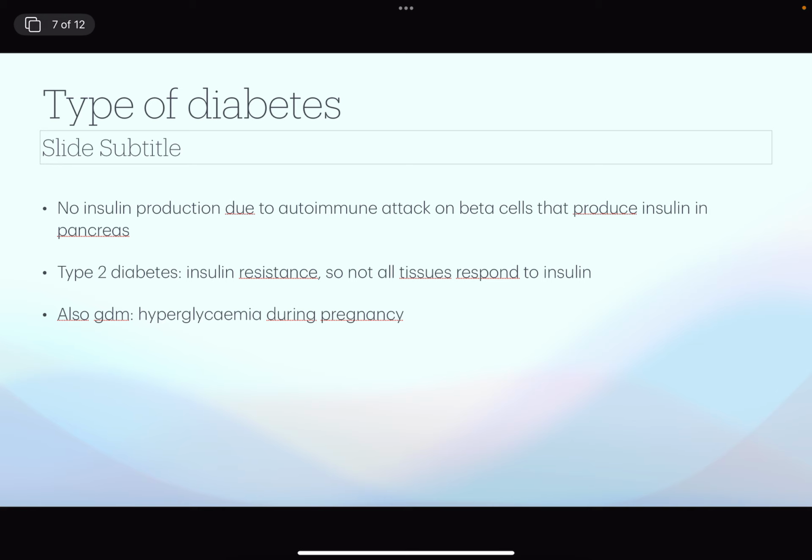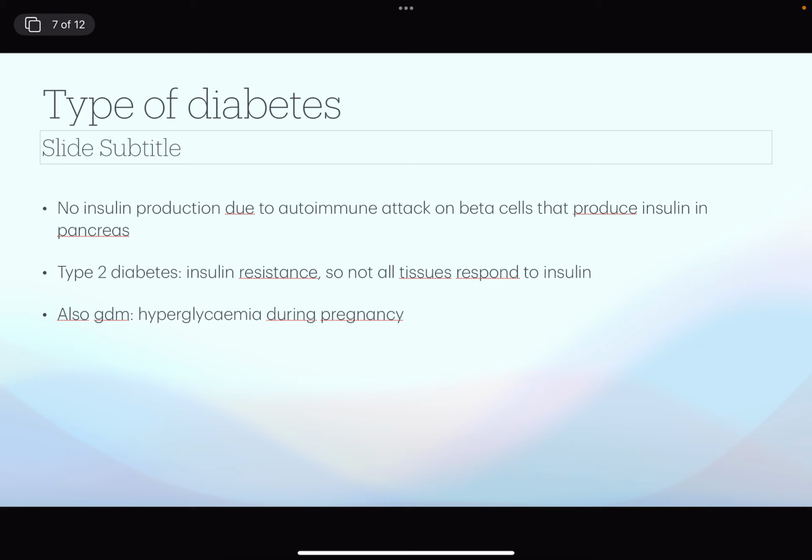So if you eat a donut, this donut will be broken down by enzymes in the small intestine to monomeric glucose. This glucose will be taken up by your GLUT2 receptor, and then it will be used in the cell to produce energy through glycolysis. And this is the normal case.